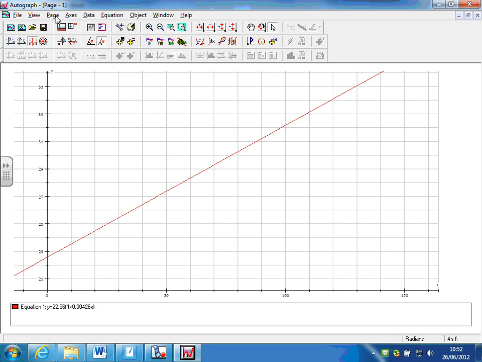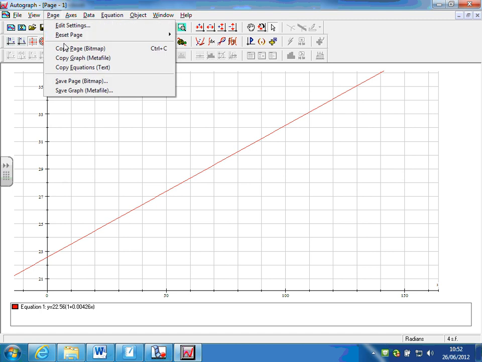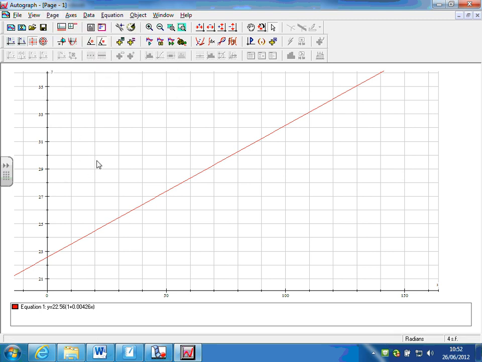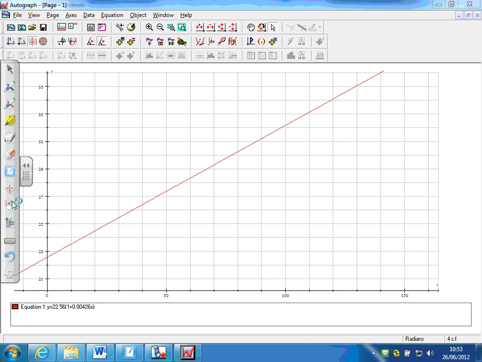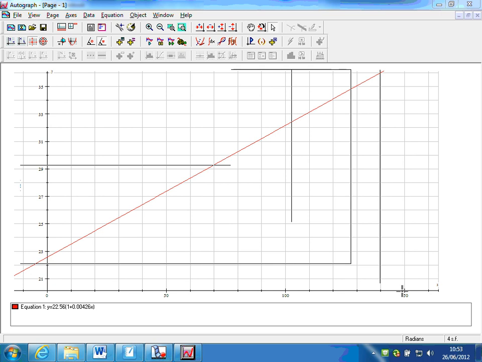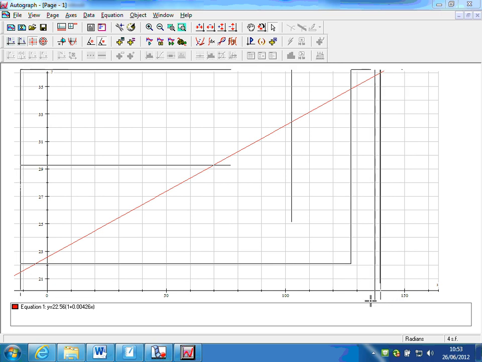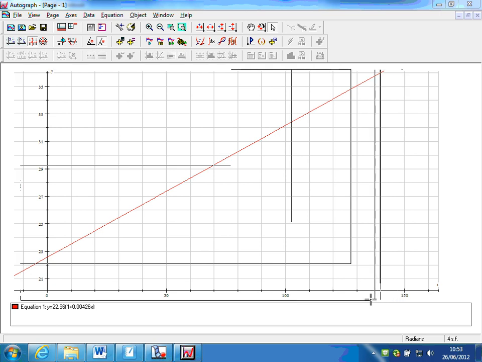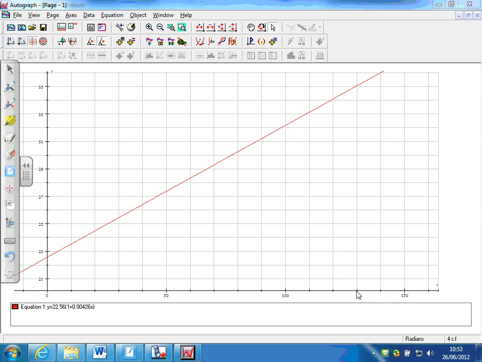So I'll put this into my document. If I wanted to do this into a Word document, probably the easiest way to do it, well for me, is to put this in and paste it in.